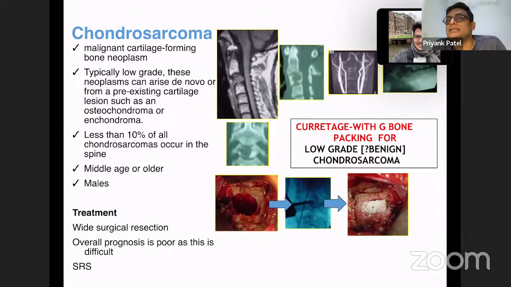Generally the prognosis is not very good because they are detected so late that it is almost impossible to get a wide excision in this tumor. Sometimes when you cannot do surgery for this tumor, you can do something called radiosurgery, which means doing surgery with radiotherapy. Again, a new thing which has come up, and I'll talk to you about it.